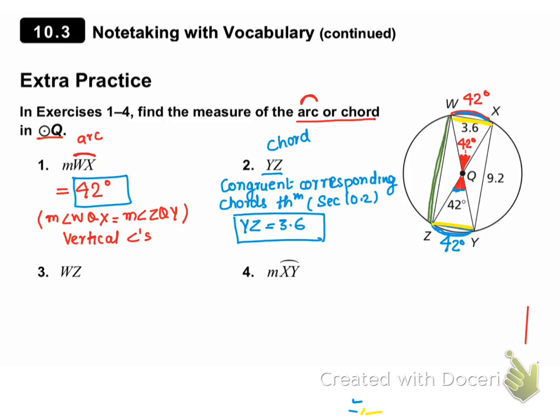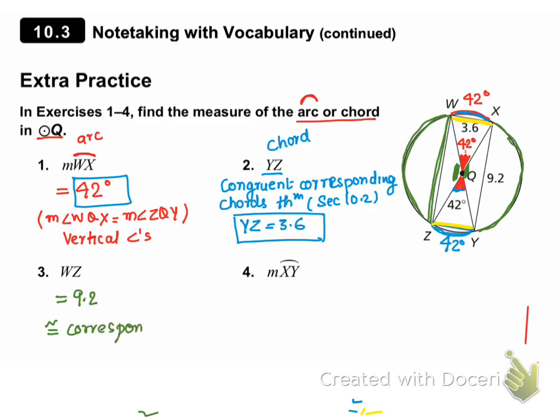Whatever the angle is, this one is the same as this one because they're vertical angles, so the arc measures are the same. With the same arc measure, the chords are going to be congruent. So WZ is 9.2, by the congruent corresponding chords theorem.